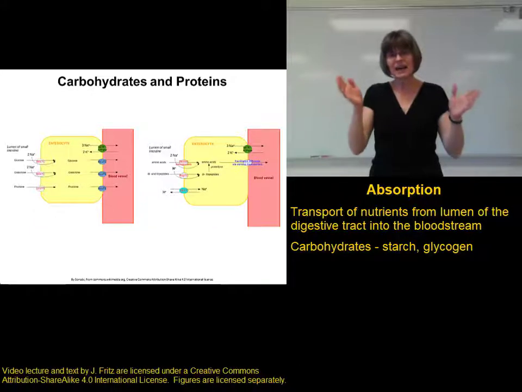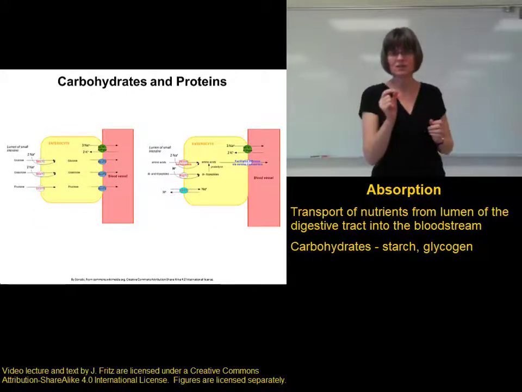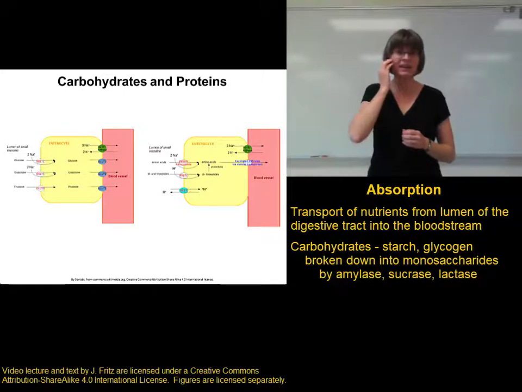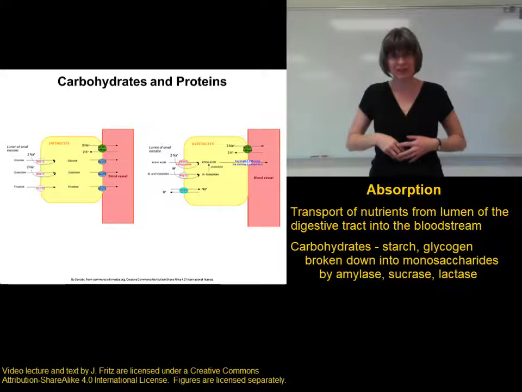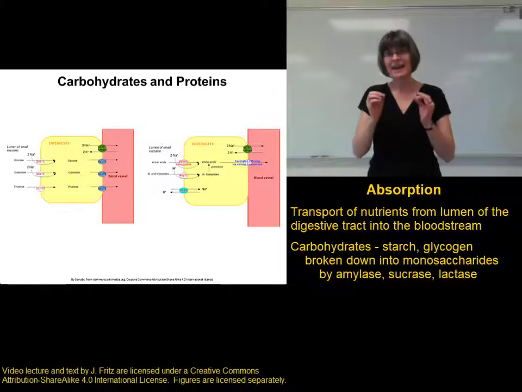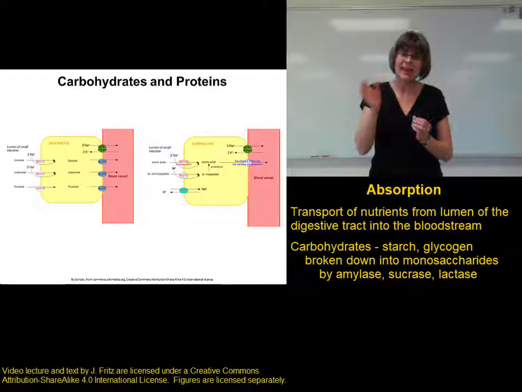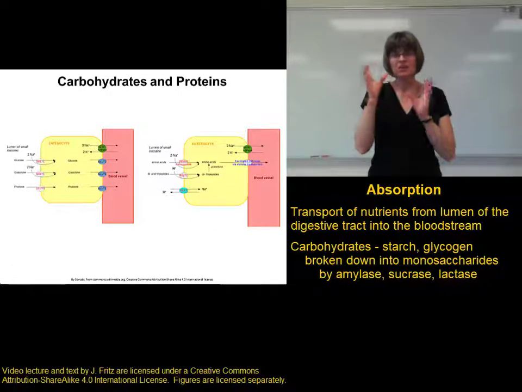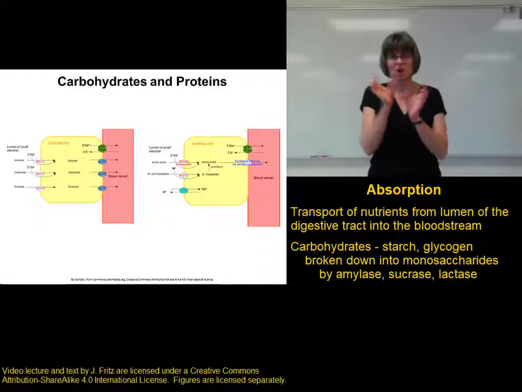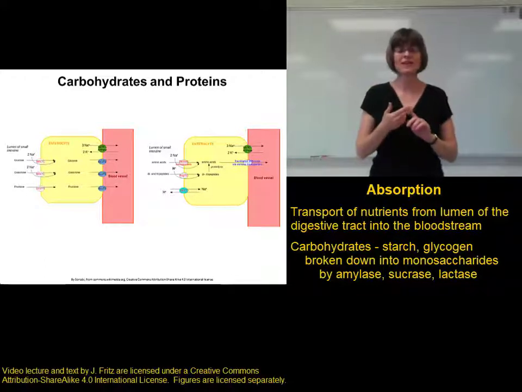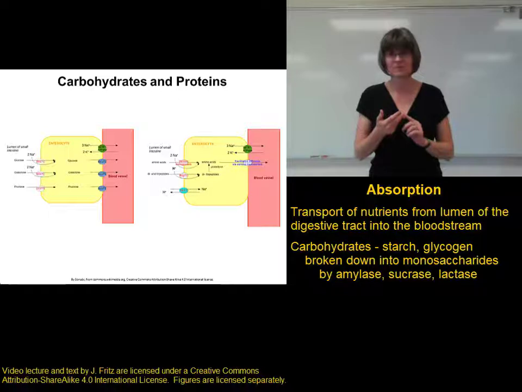These are broken down into individual monosaccharides by the action of salivary amylase in the mouth and pancreatic amylase in the small intestine. And remember those brush border enzymes, the sucrase and lactase, and there are a few others that break down the carbohydrates into individual monosaccharides, like glucose, galactose, and fructose.